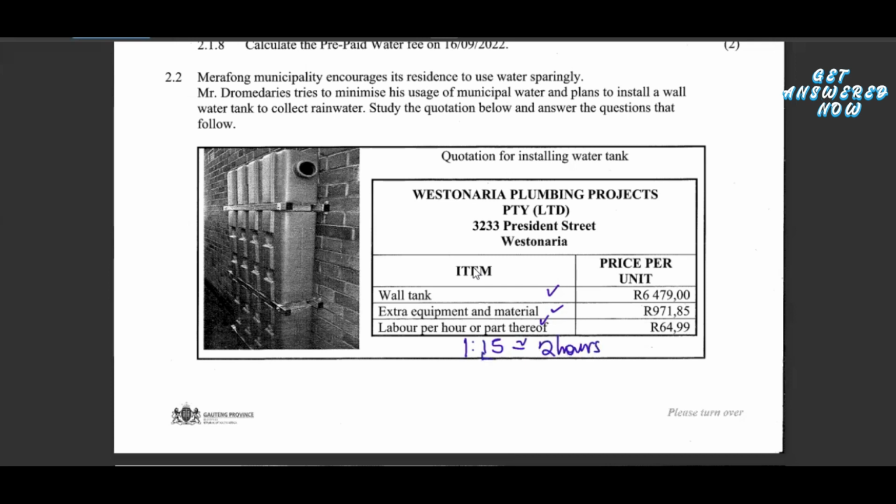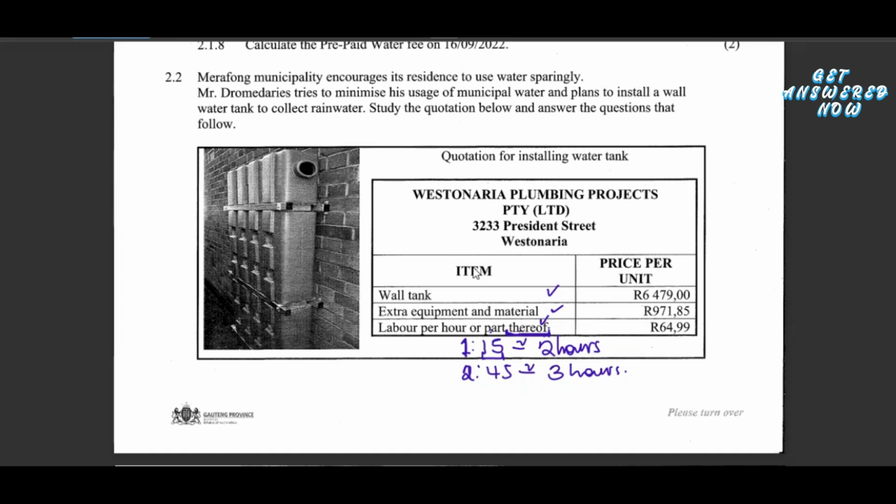The 15 minutes will also be taken as a full hour because the person has already exceeded 1 hour. Should the person work for 2 hours and 45 minutes, still this will be considered 3 hours, even though they never made it to 3 hours. Why? Because of this word thereof.